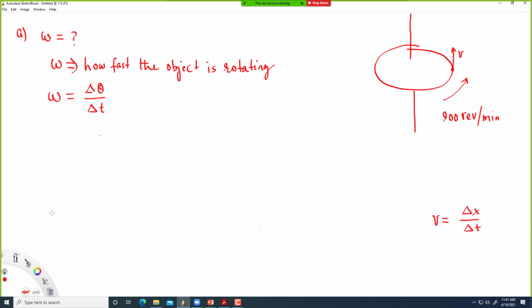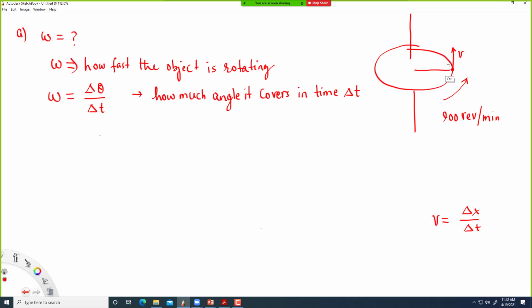In other words, if you want to know the literal meaning of that, it is how much angle it covers in time delta t. So it's rotating, you consider a line like that.